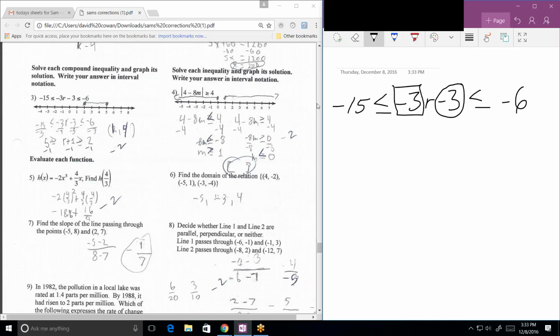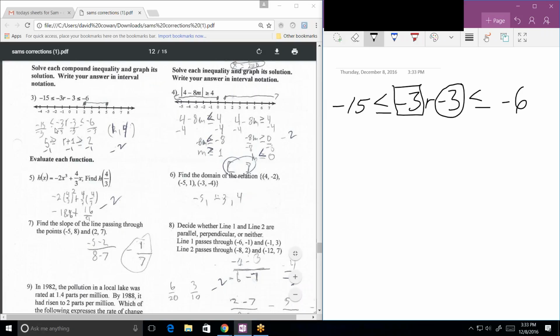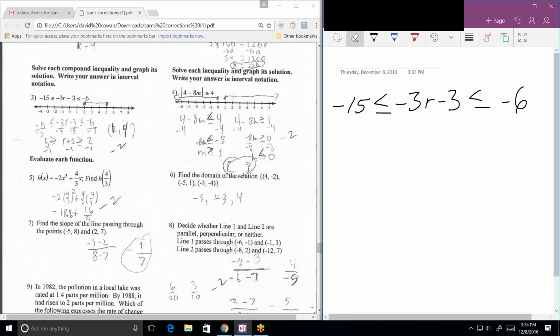It looks like the first thing you did was divide by -3, and that actually works. It should work, but it's not the most efficient way to go. In other words, you always get rid of everything that's being added or subtracted first before you divide by that coefficient. So if I add 3 to both sides, I get this. Don't have to turn that around yet because I'm just adding numbers.